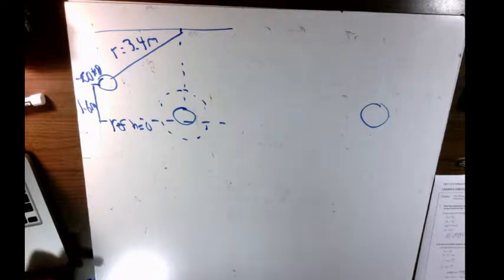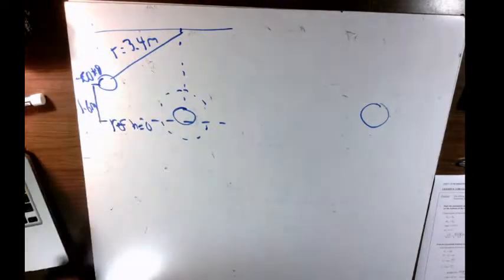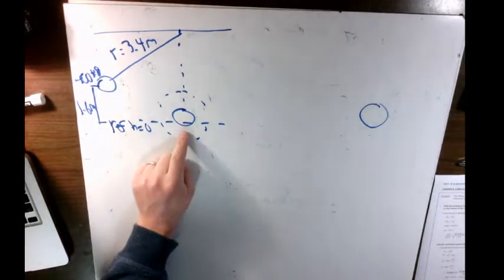maximum tension occurs. Two lessons ago, we looked at maximum and minimum tension in vertical circles. This wrecking ball is essentially vertical circular motion, and we can recall that the maximum tension occurs at the bottom of the circle.